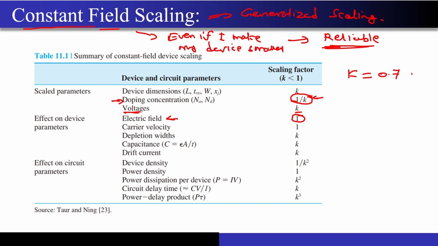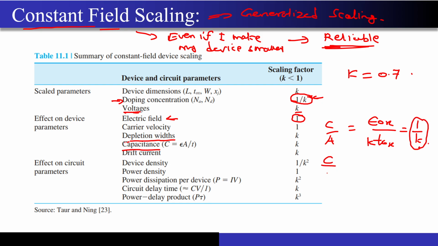Now the depletion widths have to be reduced because we want to reduce all the dimensions. What about the capacitance? Capacitance per unit area is nothing but epsilon ox by T ox. If I am scaling T ox by the factor k, then the capacitance per unit area is actually increasing because k is less than 1.